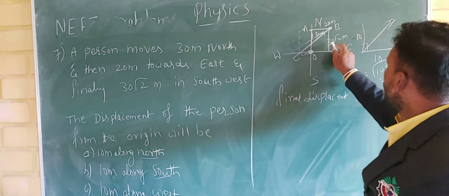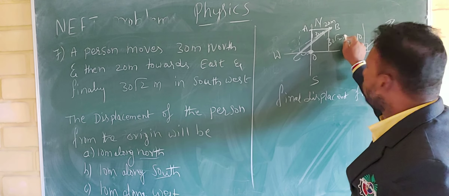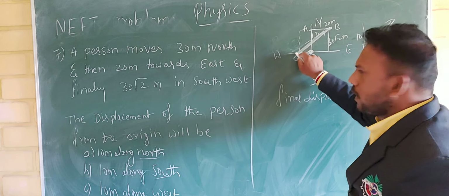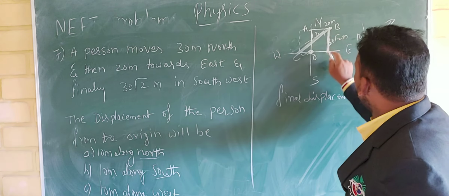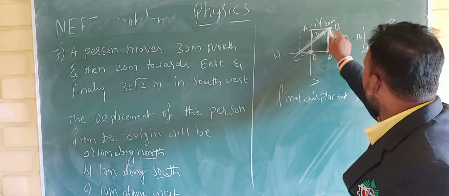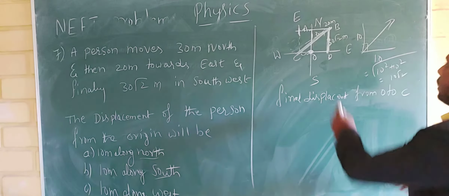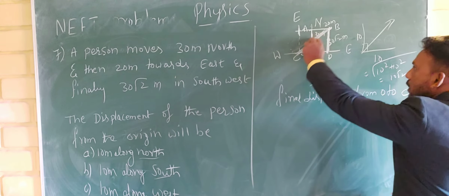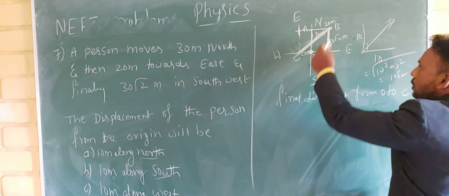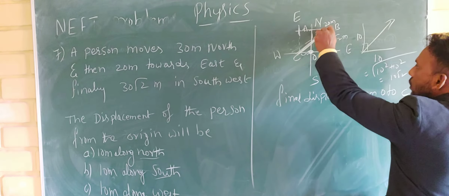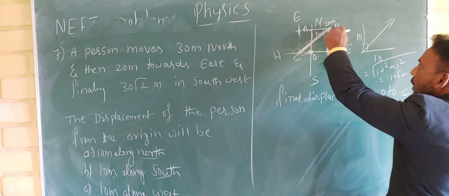Similarly, here the resultant is 30 root 2. On this side also 30 meter, here O to D is 30 meter. He moves in the southwest direction 30 root 2 meter, and this is the resultant.